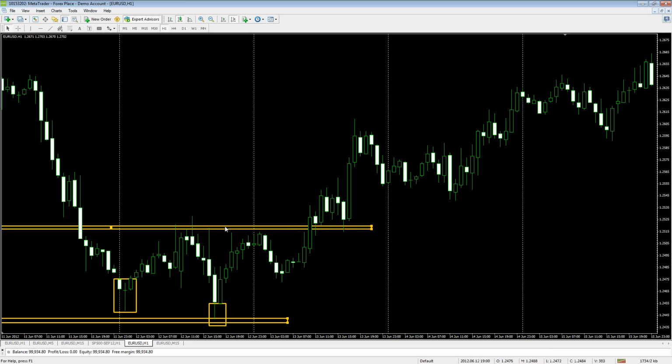You see no indicators, no moving averages, no multi-time frame indicators, no Heikin Ashi, nothing. Just plain simple support and resistance areas where you see the price reacting.